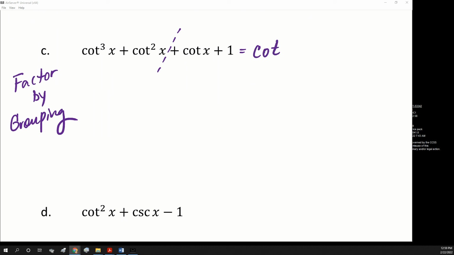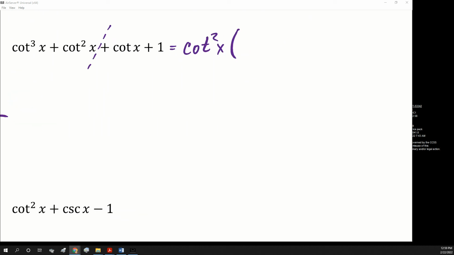Now, it is kind of weird that your common factors are trig ratios, but it all works the same way. Okay, and then just a reminder, whatever sign is here does have to go here, so it's going to be a plus. What do you do if there's not a common factor? 1.